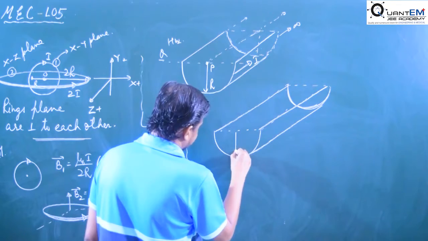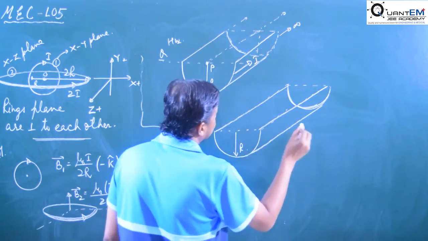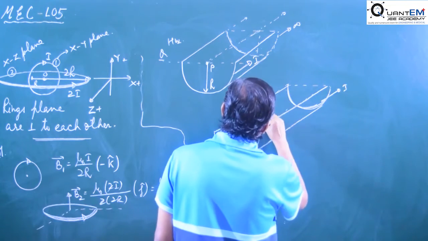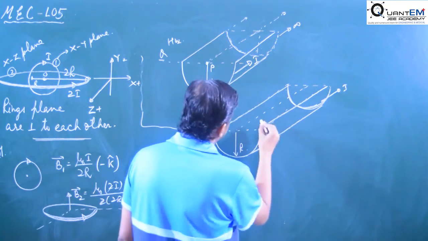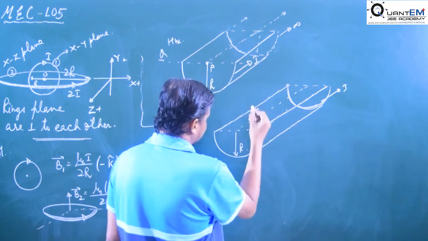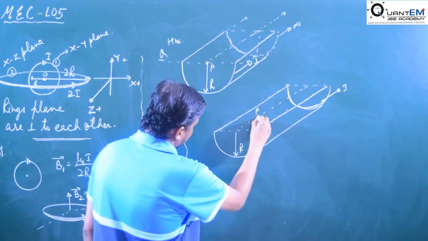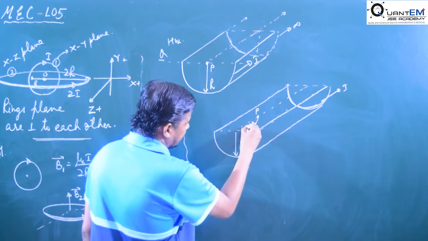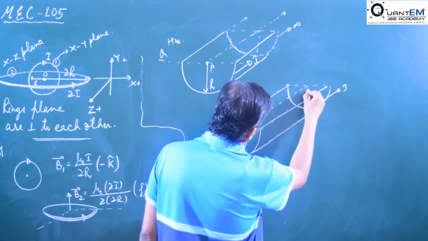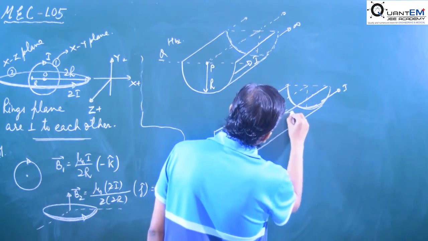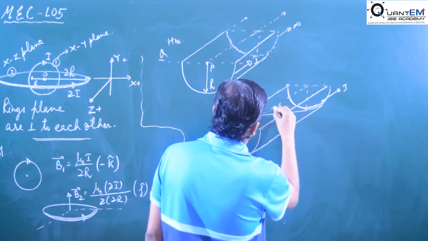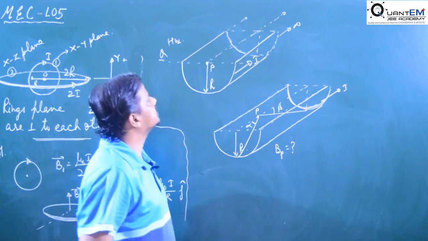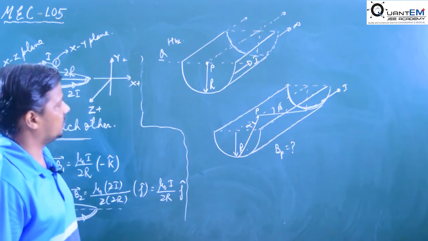Okay, radius is given R. Current flowing through this conductor is I. Okay, you have to get magnetic field intensity at any point P. Suppose this point is P. So one end of the conductor is forming an angle alpha, and the other end is forming an angle beta. Then you have to get magnetic field intensity. Okay, so these questions are for homework.